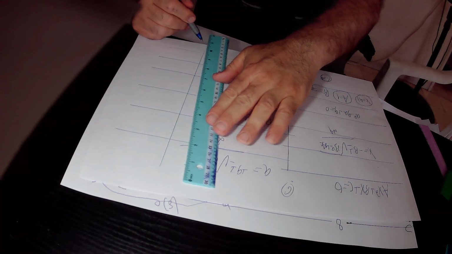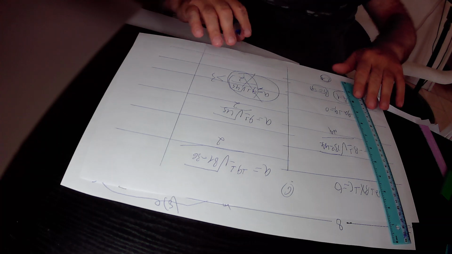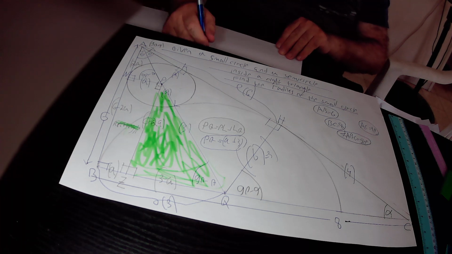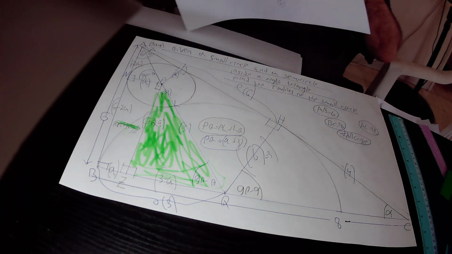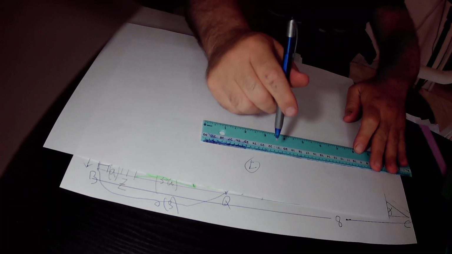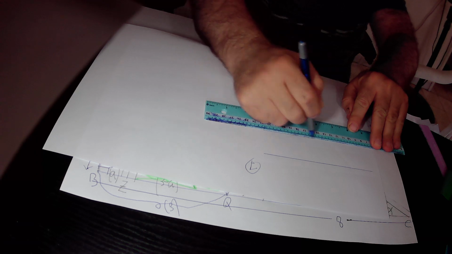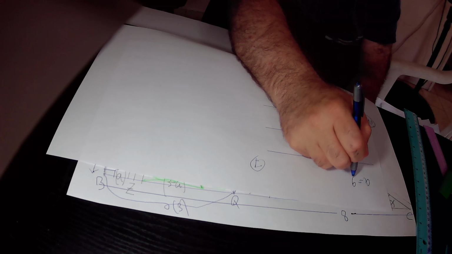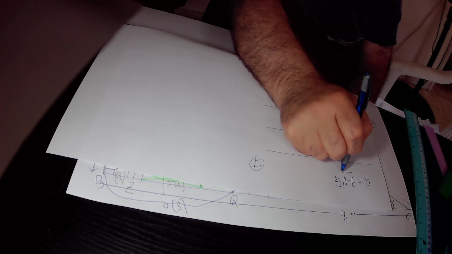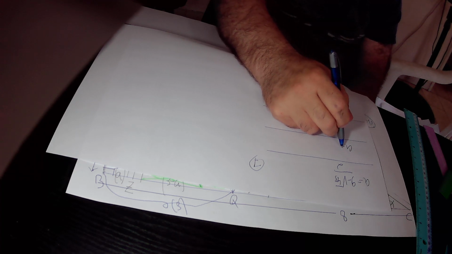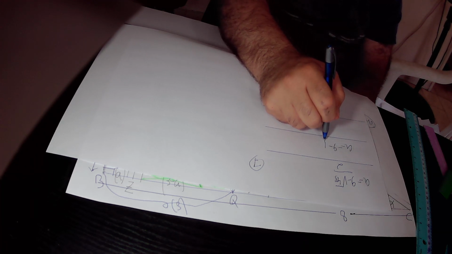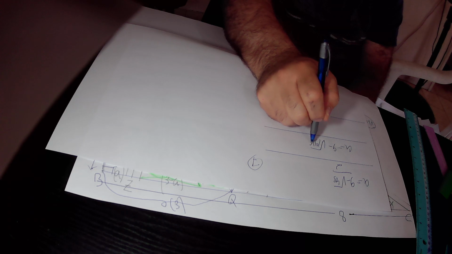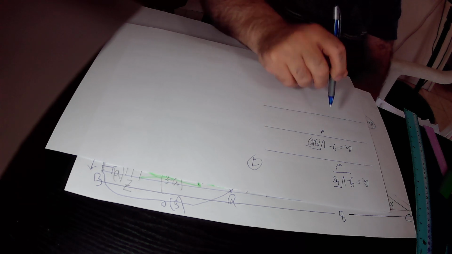The second solution is that a equals 9 minus the square root of 45 over 2. 45 is 9 times 5, so we substitute 45 by 9 times 5, divided by 2.